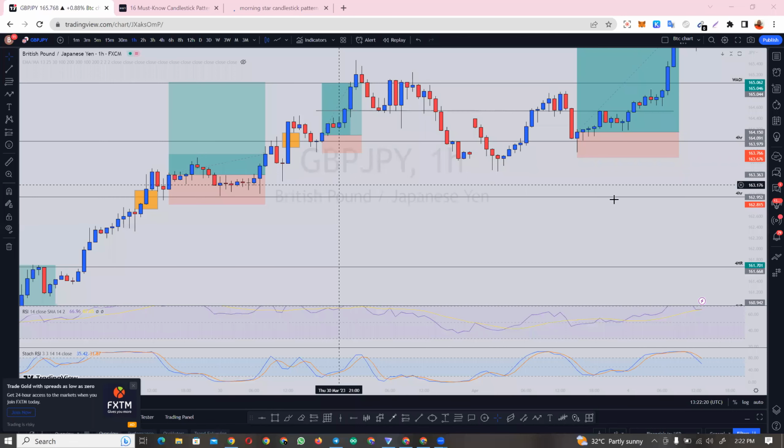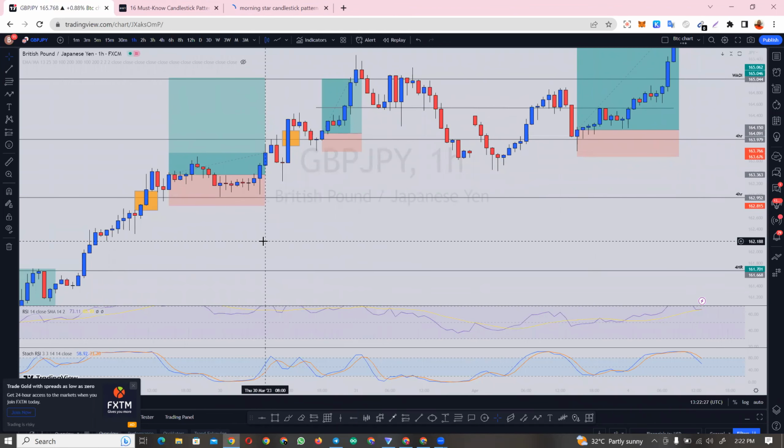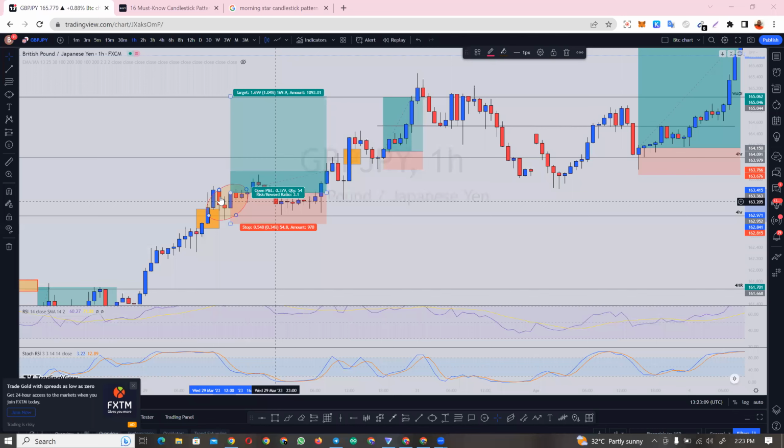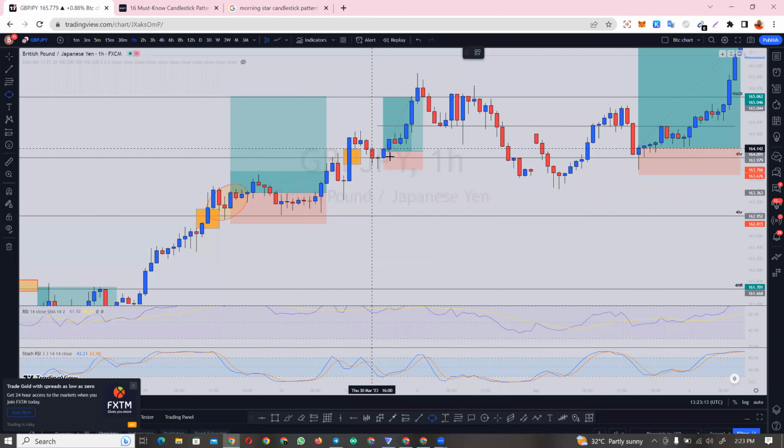Okay, we had Morningstar candle here. We have two entries with Morningstar. The first one is here. Look at this. I'm sorry, my network is messing up. So this is Morningstar candlestick pattern.